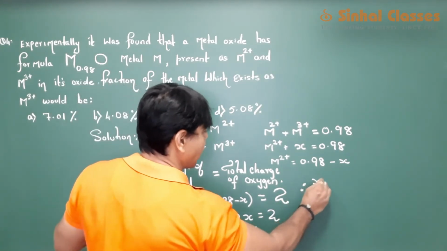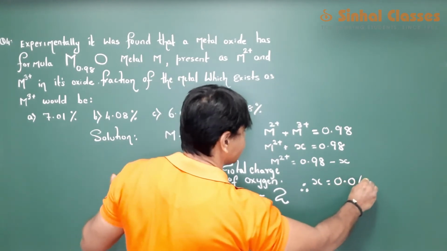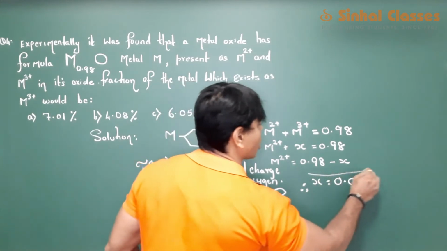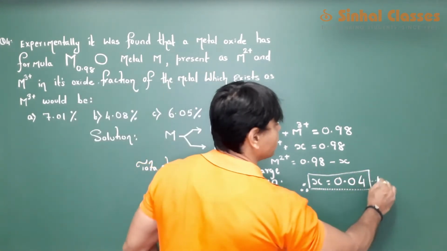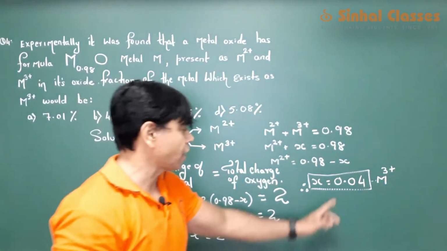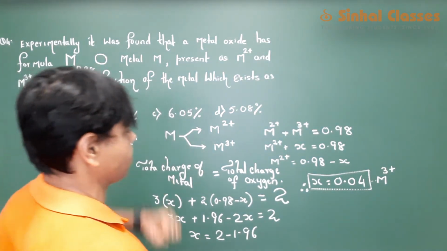Therefore, x will be equal to 0.04. So you got the number of ions of M3 plus. This is the number of ions of M3 plus. Now you wanted percentage.